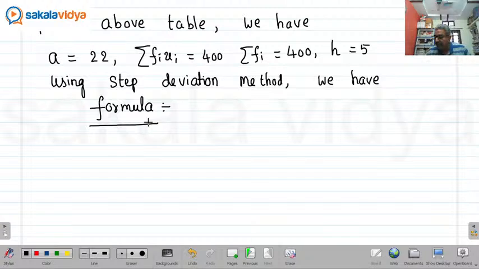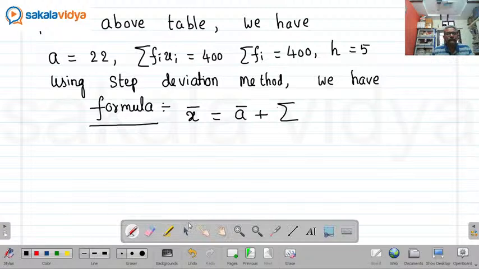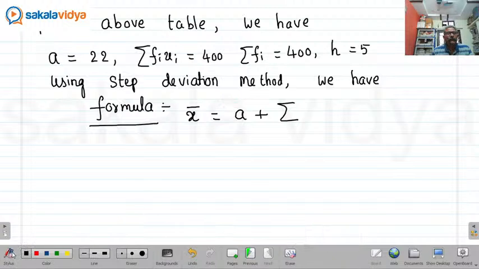X bar equals A plus sigma Fi Ui upon sigma Fi multiplied by H. Am I correct?